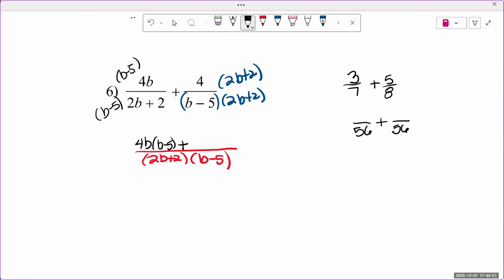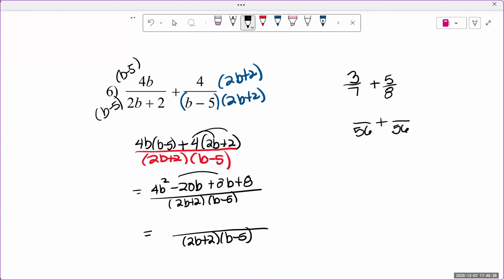So I have plus 4 times 2b plus 2, which gives me 4b squared minus 20b plus 8b plus 8. And combine like terms. So I have 4b squared minus 12b plus 8.